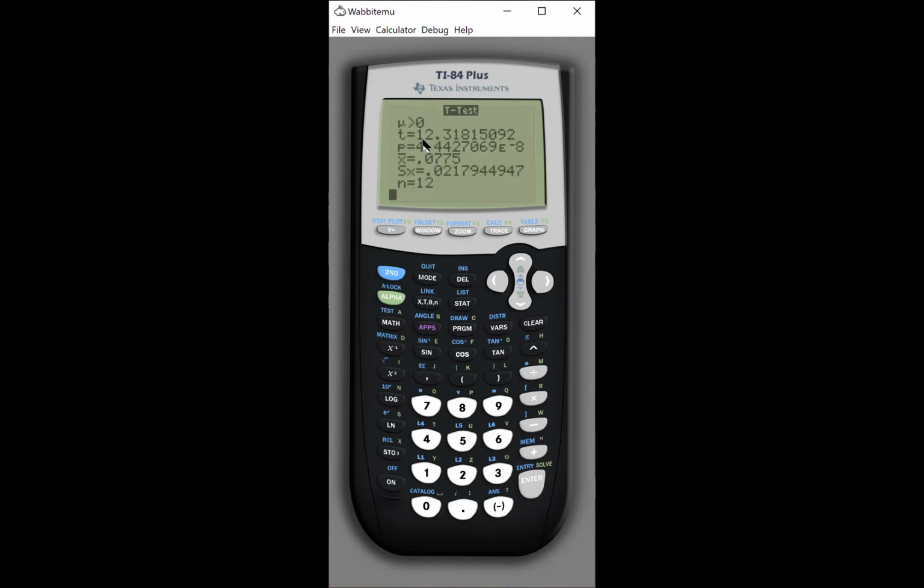If you look at my t value, you got a pretty high t value. We got a t value of 12.32. Also, if you look right here, they gave us the mean. So this is the mean difference, so that's d bar, 0.0775. And lastly, S of x is the sample standard deviation of the difference, so that's 0.0218.